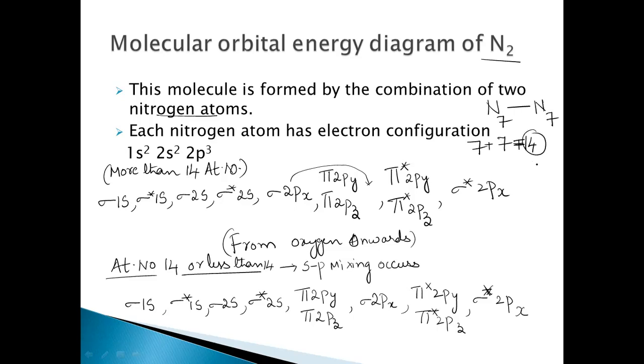We are dealing with molecules with atomic numbers till 14, so the order is pi first and then sigma. Let's look first at nitrogen.